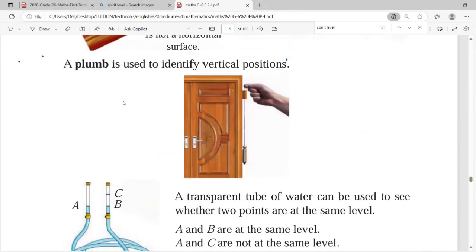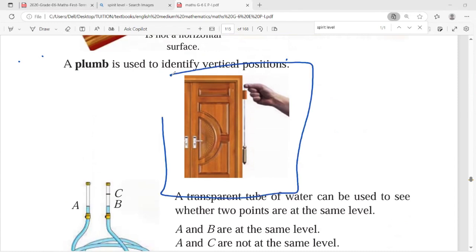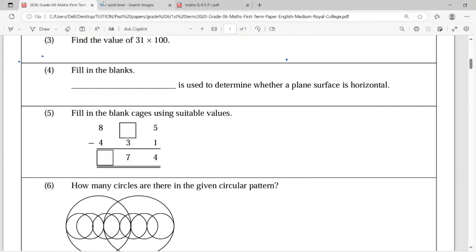Now, this plumb is used to determine whether a surface is vertical with respect to the Earth surface, right? So let's go to the questions, right? Your answer here should be the spirit level.